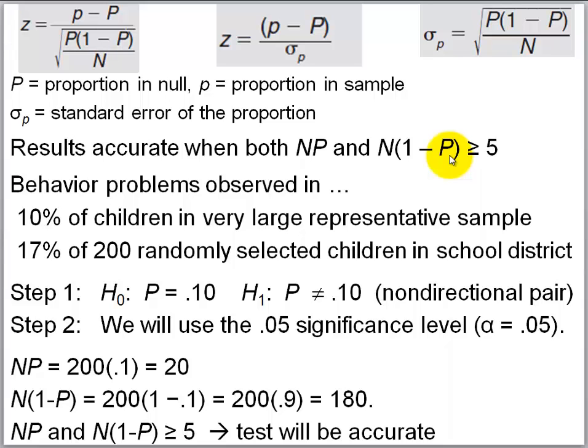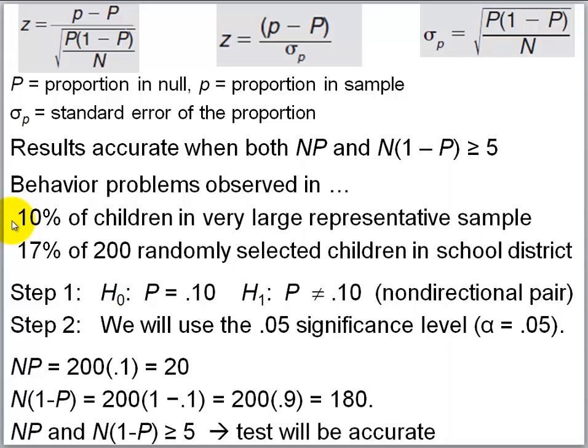0.00 or to 1.00. So in our problem example, we presume that in some very large national representative sample of children in school, 10% of children earn a score on a measure that conveys serious behavior problems.